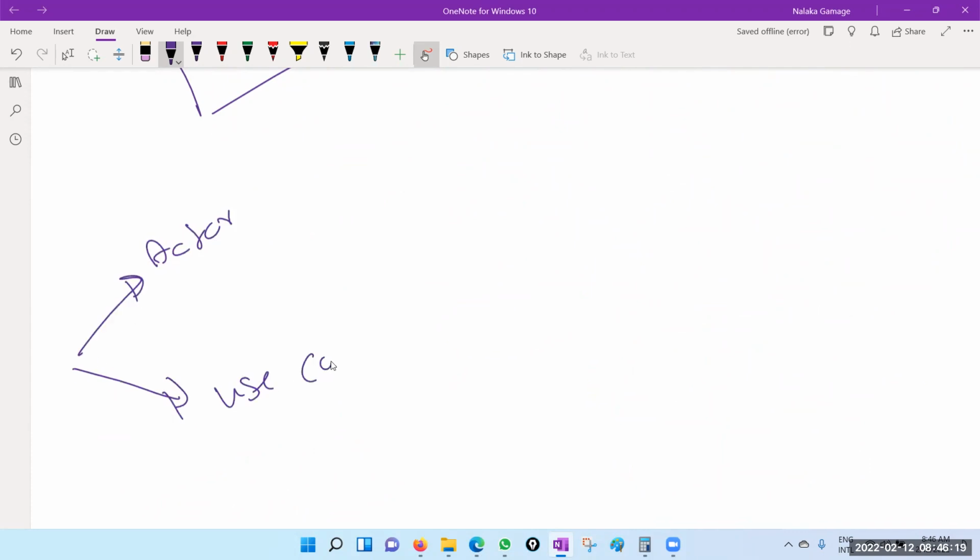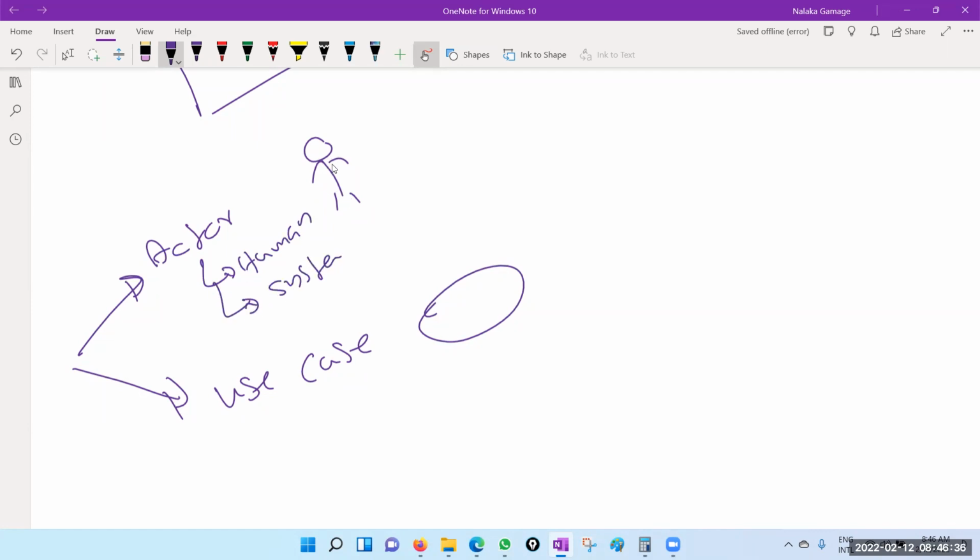Actors are represented like this, a use case is represented like this. This actor can be a human actor or it can be a system. Whether it's a human or a system, we just use the stick figure, right? You don't have a separate symbol for system actors. A system actor means another system accessing your system.